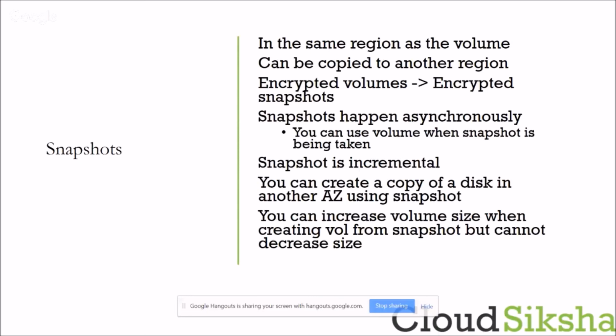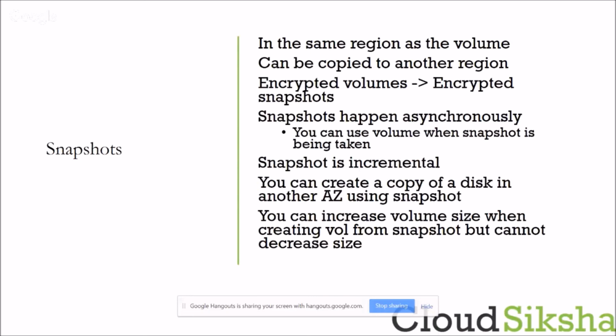Similarly, when you make a volume out of a snapshot, you can increase the size of the volume, but you cannot decrease the size of the volume. And remember, if your disk is 500 GB, the snapshot will be 500 GB. It doesn't matter how much you have written on the disk, the snapshot size will be 500 GB.